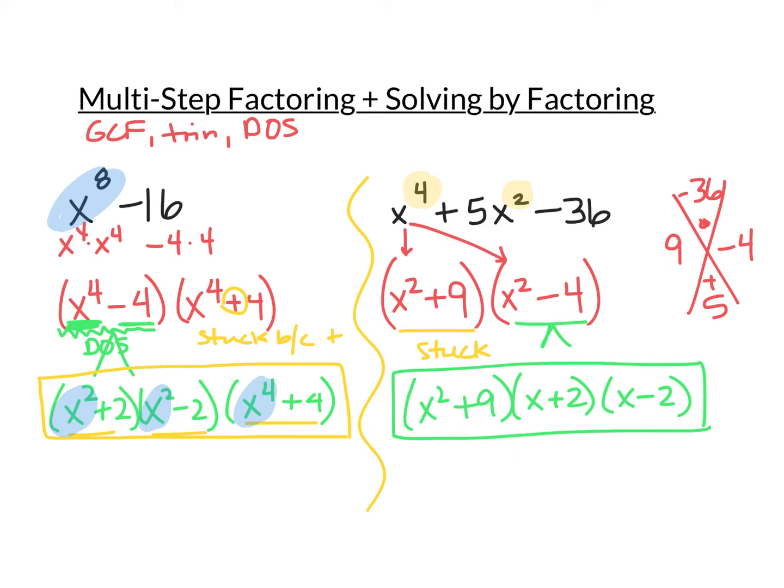If I do the same thing with the last numbers, 2 times -2 times +4 does give me 16 here at the end. You can check the same thing on this other question. x squared, x, and x is x to the 4th right here. And then same thing, 9 times 2 times -2 is -36.